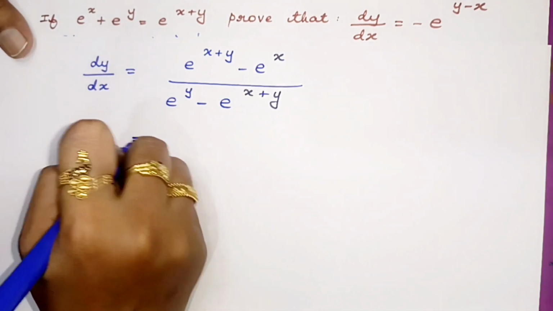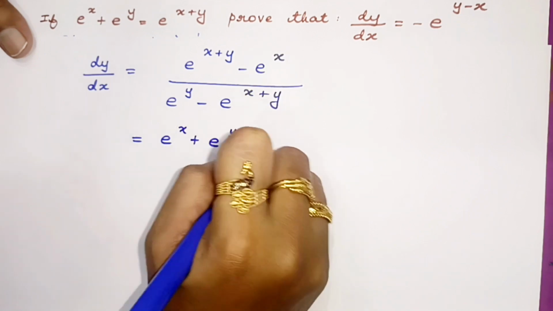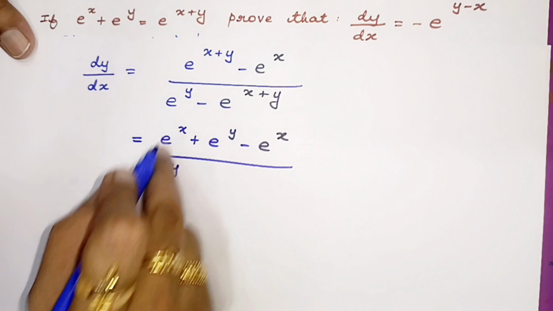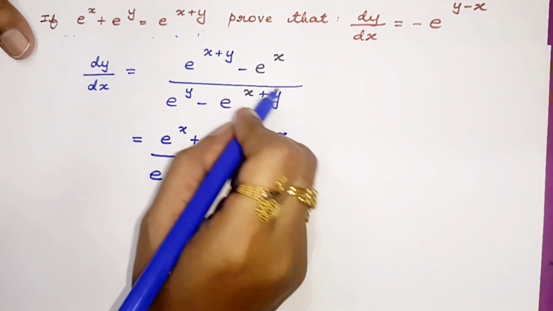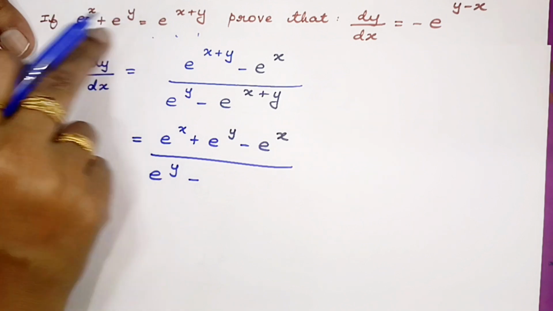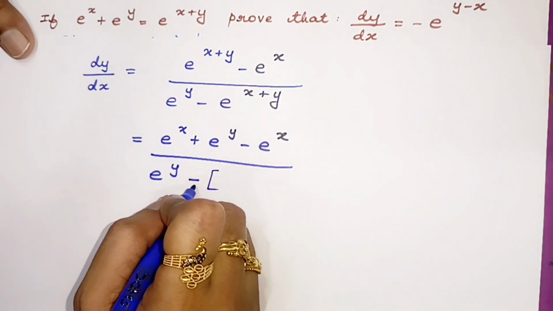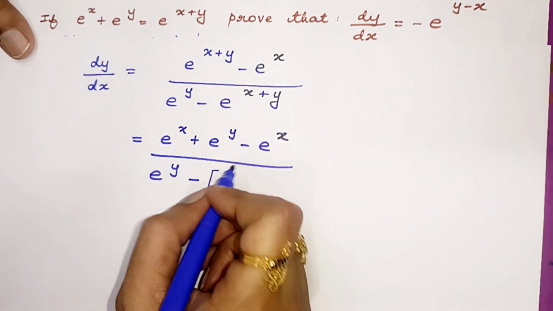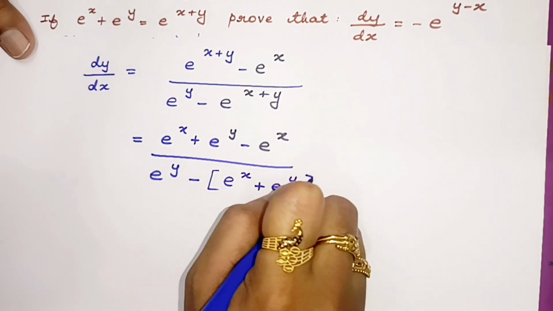So, e power x plus e power y minus e power x divided by e power y, which I have kept as is, minus e power x plus y, which I could write as e power x plus e power y. While we have minus in front of multiple terms, we have to use brackets. Don't forget that.